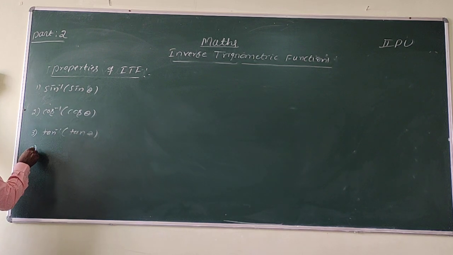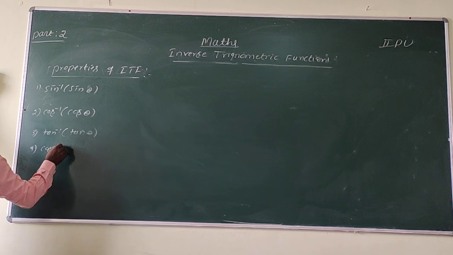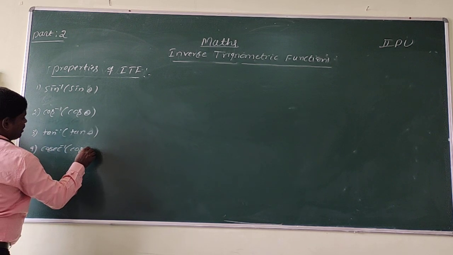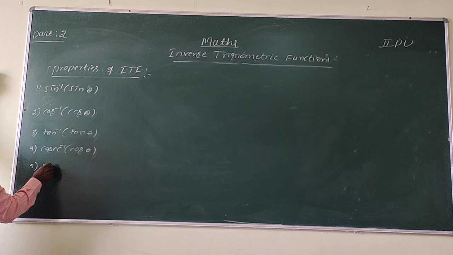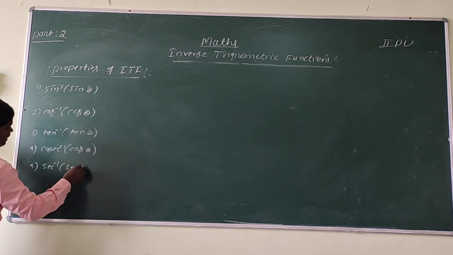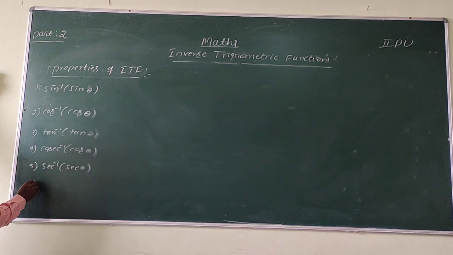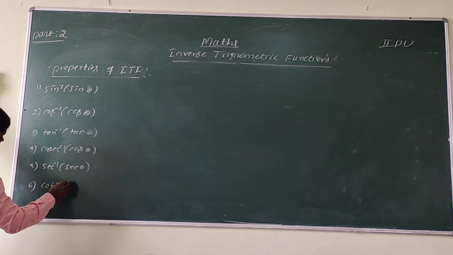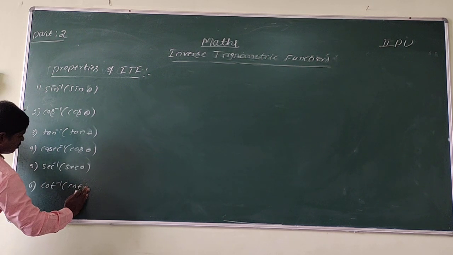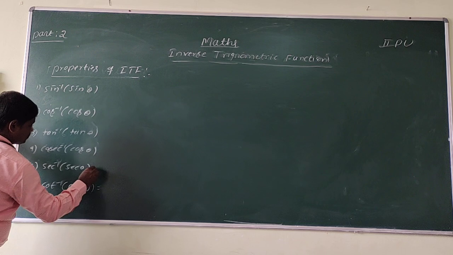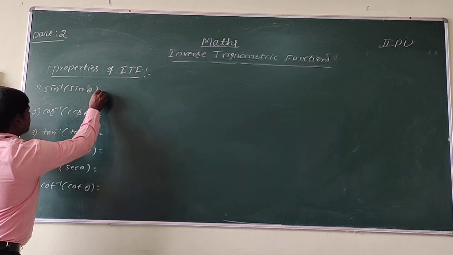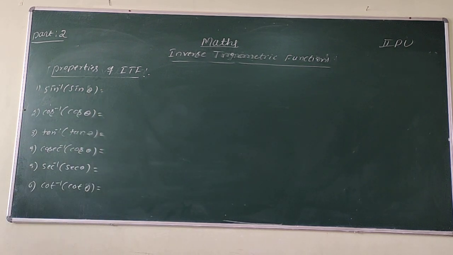Fourth one is cosecant inverse of cosecant theta. And fifth one is secant inverse of secant theta. And sixth one is cot inverse of cot theta.